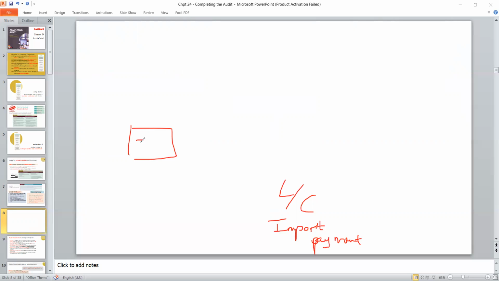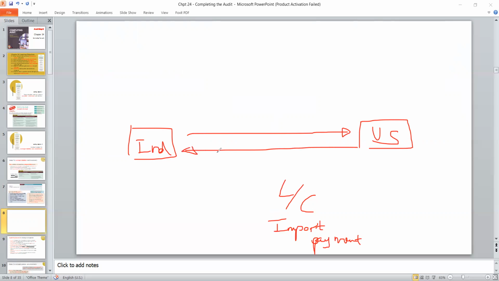This is the company from Indonesia, and this is the company in the US. So the Indonesian company wants to buy goods from the US company, and if we talk about a simple transaction, the US will give you the goods, and Indonesia will pay the money.